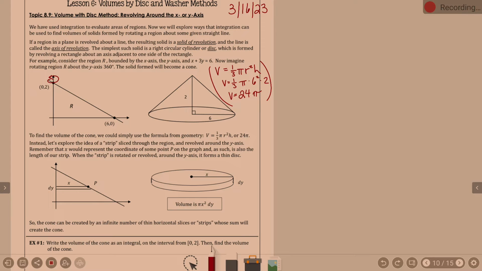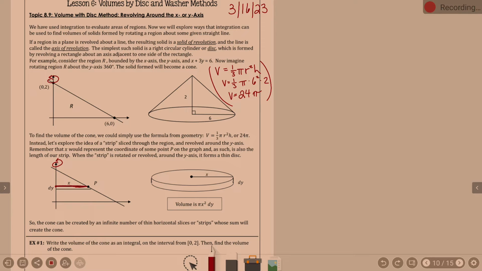Same thing here. We're either going to have a horizontal or vertical piece. This is rotating around the y-axis. So whether you just draw it as a single line that goes from the curve to whatever you're revolving around, which in this case is the y-axis, it's that single strip, or basically a little rectangle.